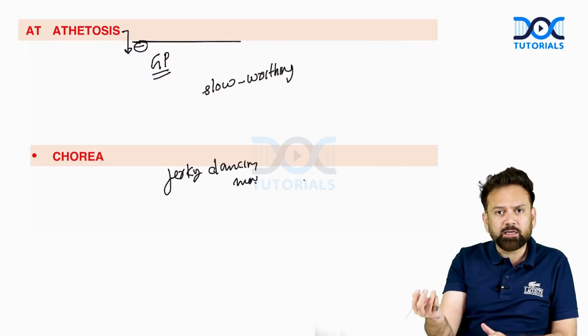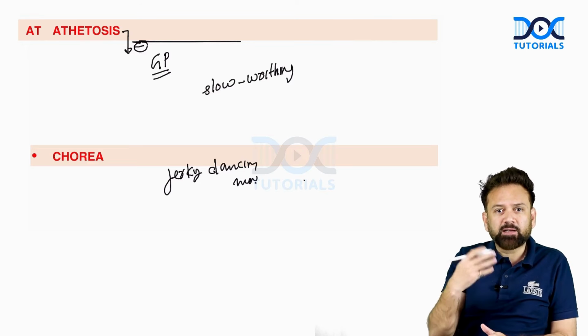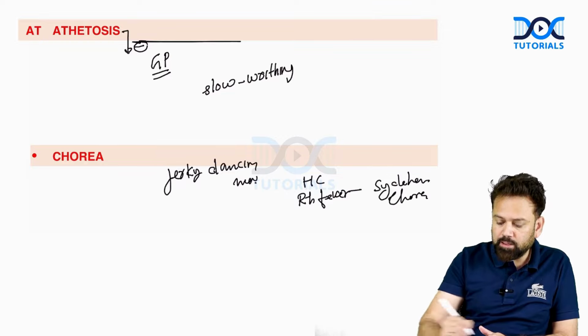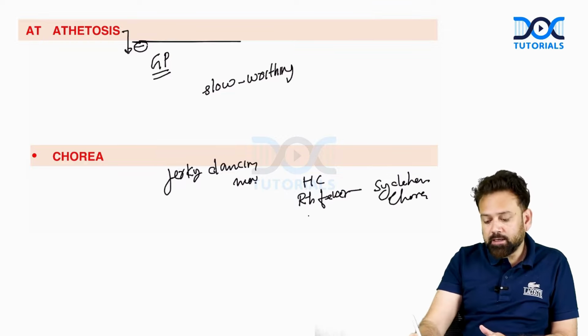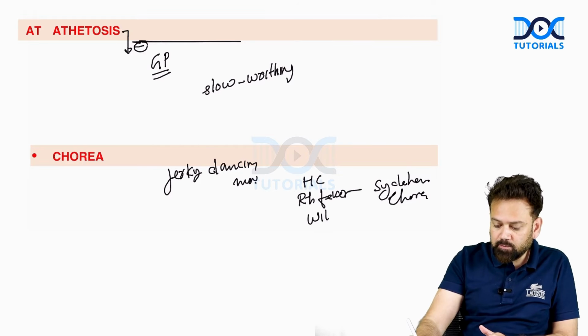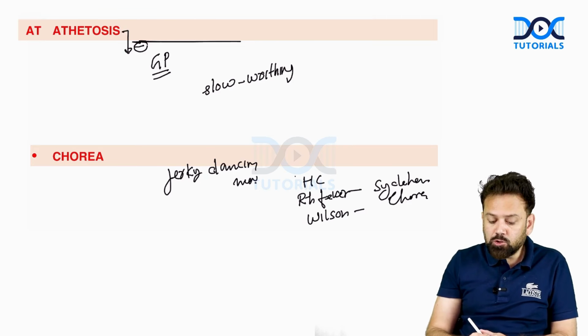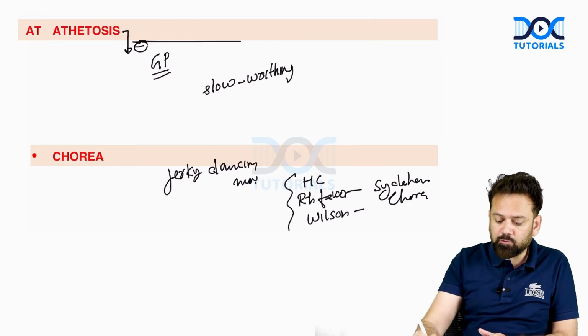It can be in Huntington chorea also. It can be in rheumatic fever, where it is called Sydenham chorea. It can also be in Wilson disease, copper deposition, hepatolenticular copper deposition. So there are multiple causes of chorea.